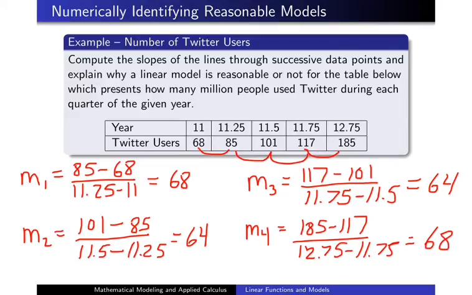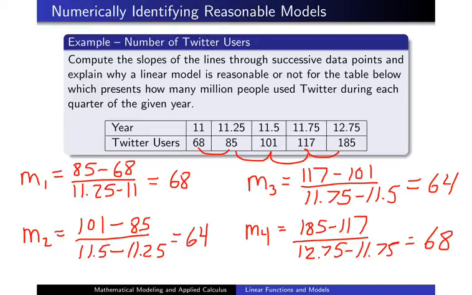While these numbers aren't exactly the same, which we wouldn't expect when working with data, we do have to decide whether or not they're approximately the same. This is where things get a little more tricky, or subjective. We have to decide if the biggest difference between them, in this case 4, between 64 and 68, is a big difference. We're thinking about a difference of 4, and the slopes themselves are 64 and 68.